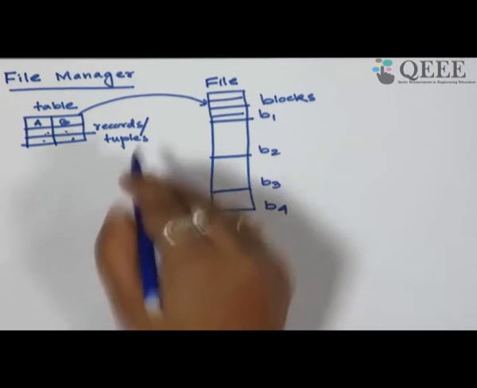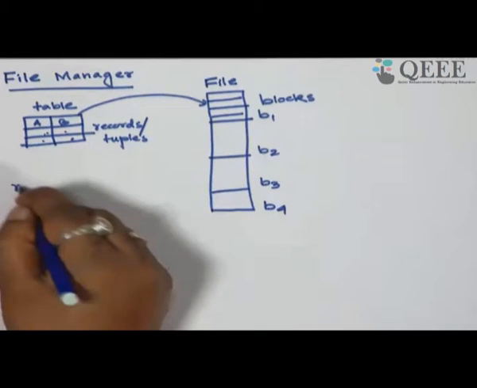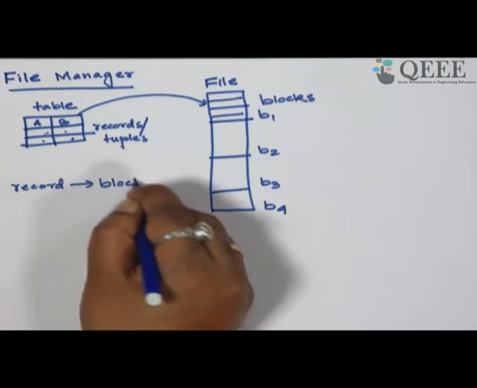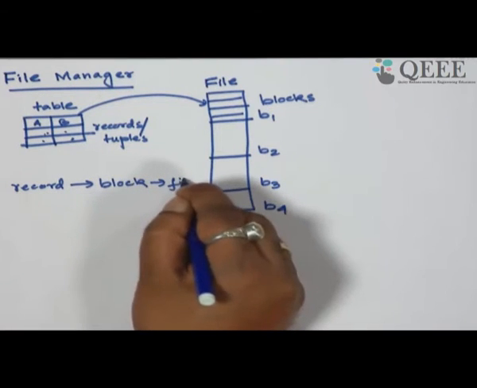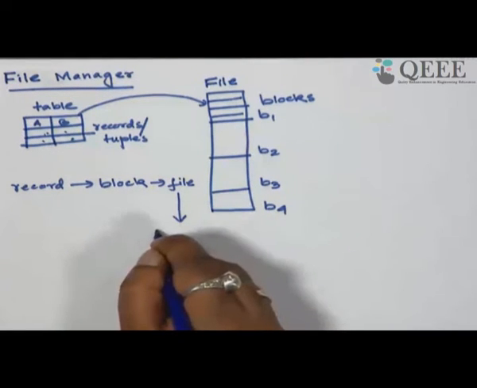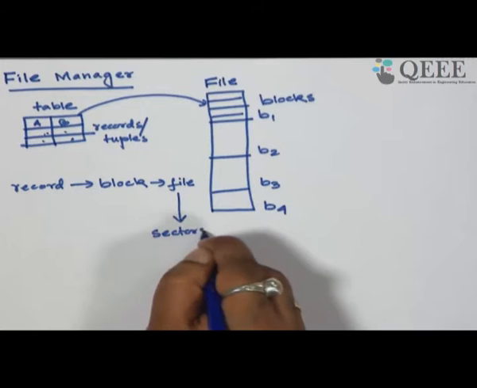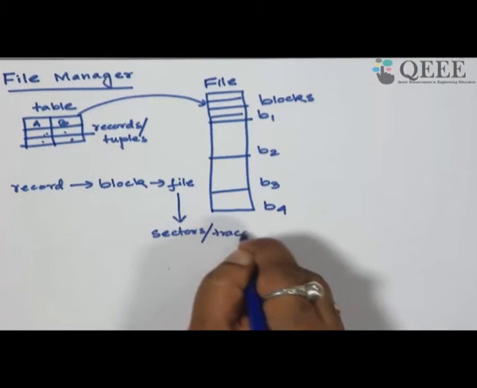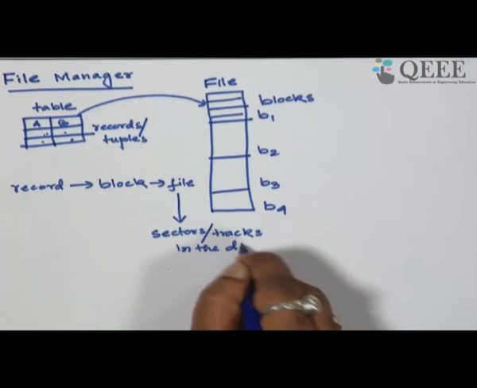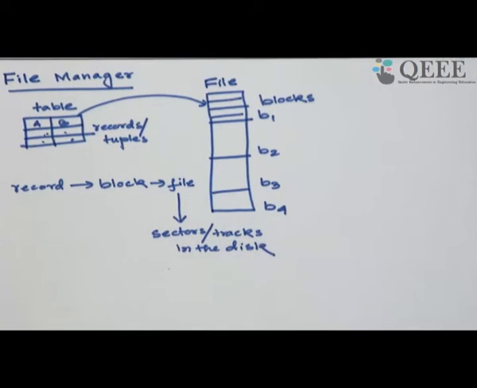So, two structures: a record which goes inside blocks, and blocks together form a file. A file together occupies sectors and tracks of disks. So, there are two things we need to worry about.